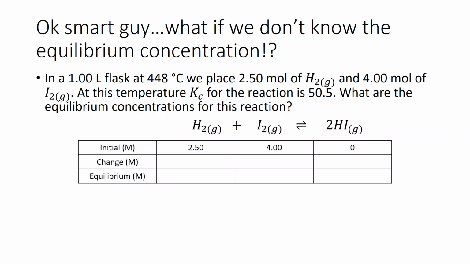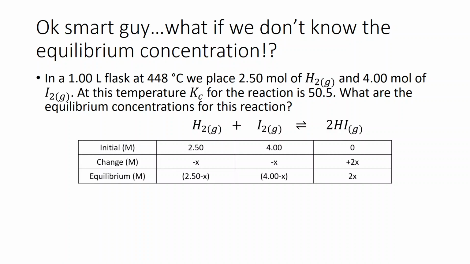Then we reach into our mathematical bag of tricks and pull out some algebraic-looking things. We define the change as positive 2x in our products and negative x for our reactants, because we are losing some amount of our reactants, and because our stoichiometry is 1 to 2, we are gaining twice as much of our product as we lose for each of our reactants.